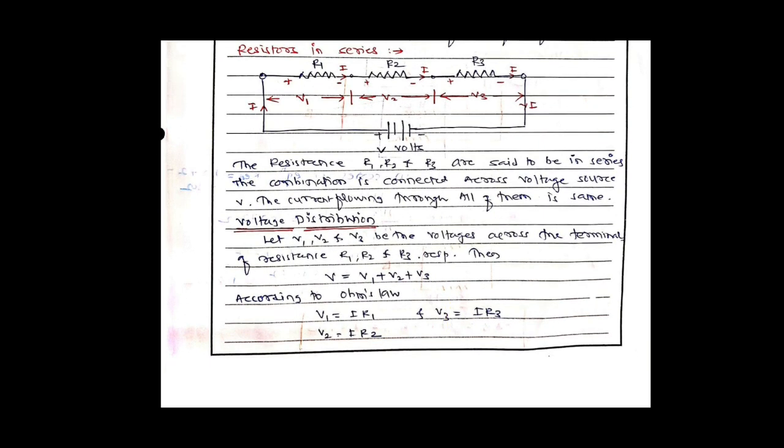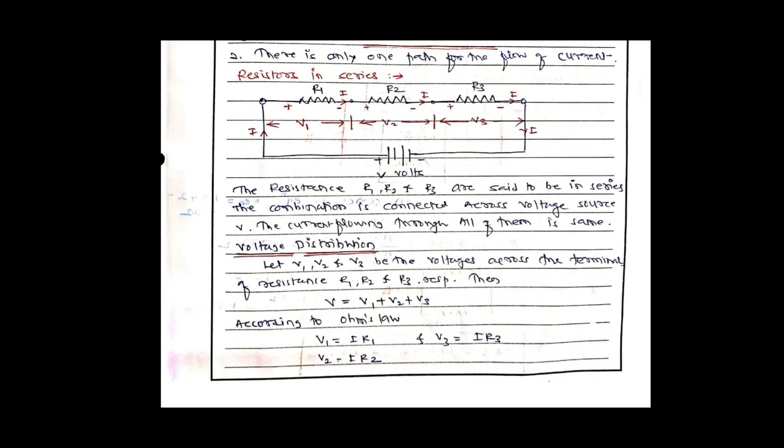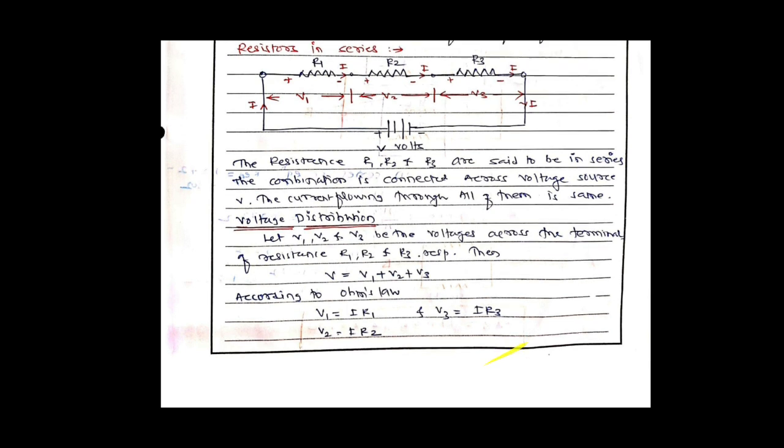According to Ohm's law, we know that V is equal to I into R. This is Ohm's law. So you can apply Ohm's law to R1, R2 and R3. Therefore V1 is equal to I into R1, V2 is equal to I into R2 and V3 is equal to I into R3.